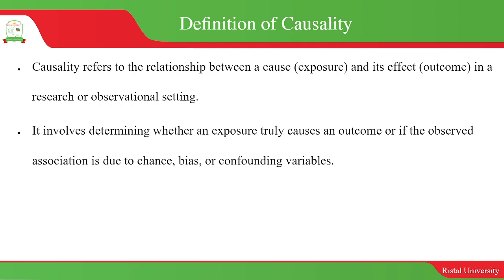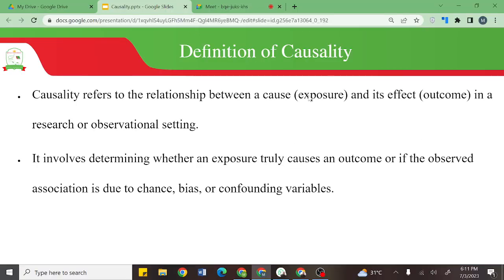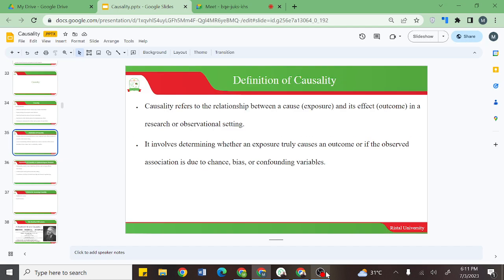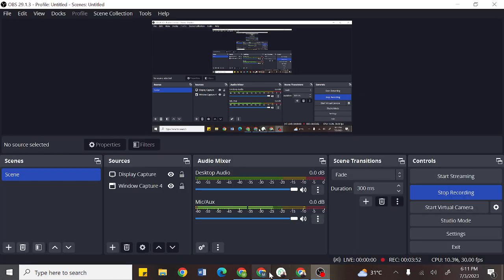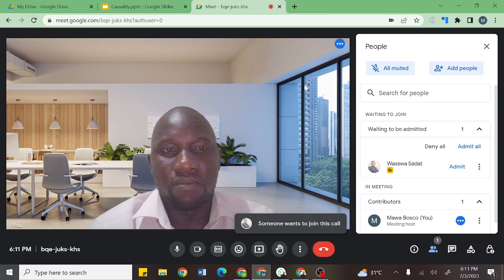So therefore we have what you call bias. Or there is another factor which came in between and distorted the relationship between the exposure and the outcome of interest. And that is what we call confounding variables. Those are things that we are going to look at in this session.